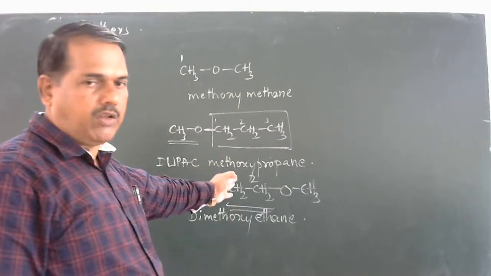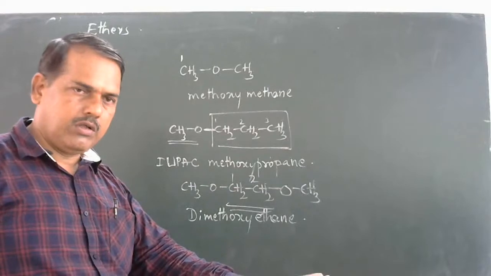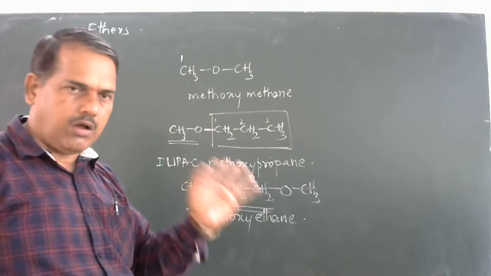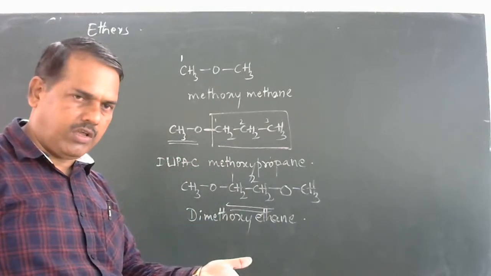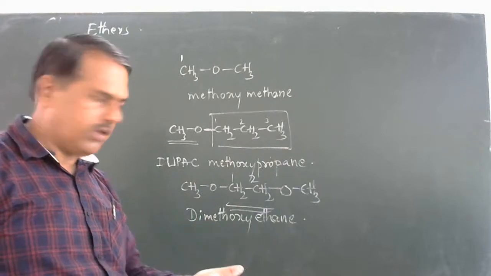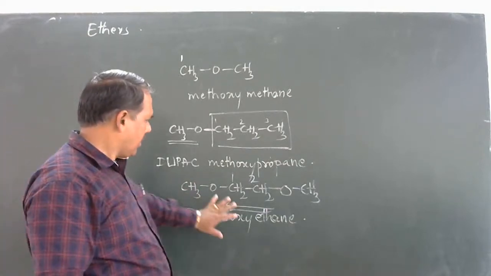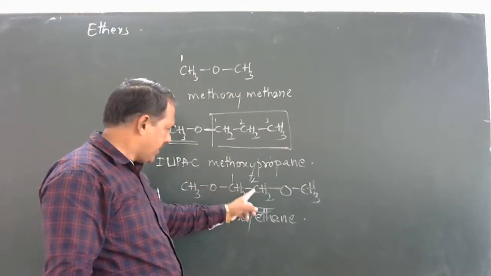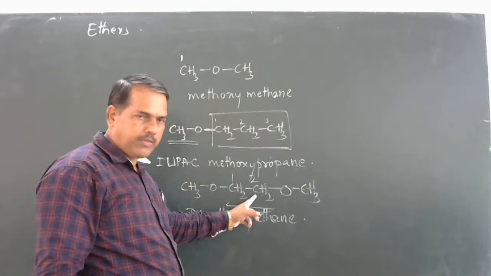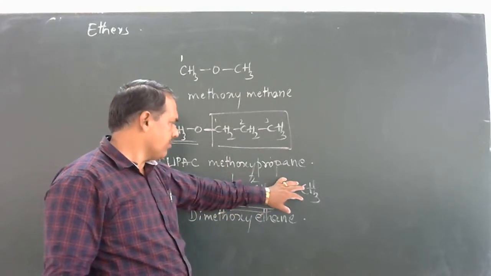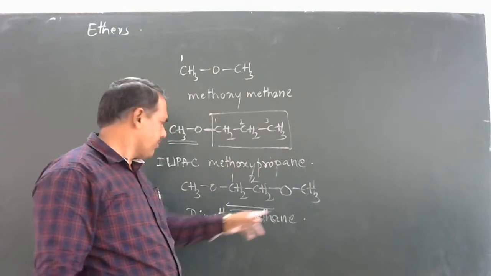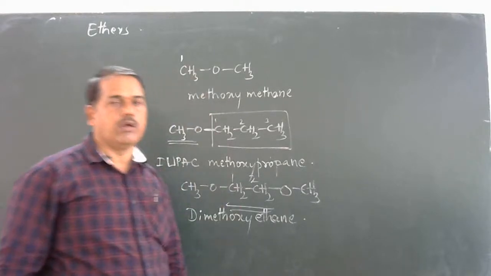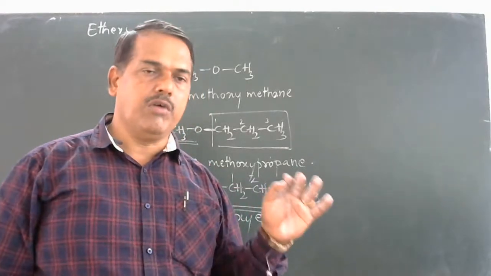As the longest chain, we have to take the hydrocarbon. The shorter chain, which is attached to oxygen, we call alkoxy, such as ethoxy or particularly methoxy. Only two carbon atoms represent the carbon chain, and the oxygen atoms continue the chain, so it is dimethoxyethane. This is how we can write the IUPAC names of ethers.